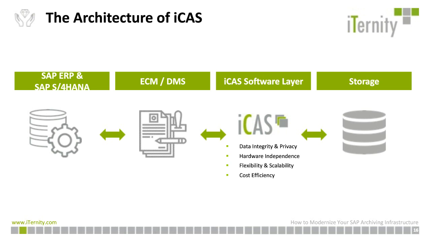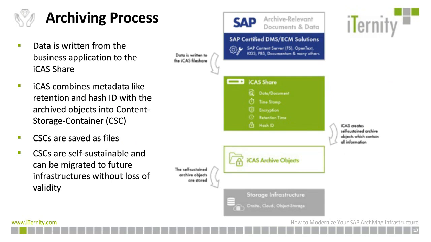It can be SAN, NAS, solid-state disk, cloud, object, and obviously whatever comes in the future, which we don't know yet, we'll adapt to that as well. So how does the actual archiving process look?